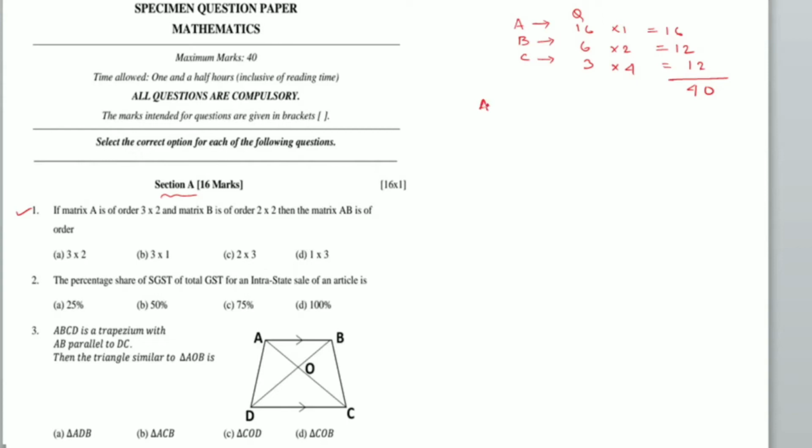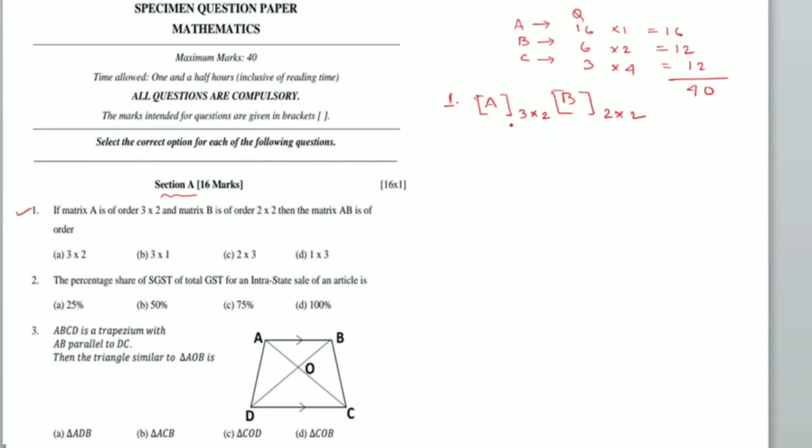Matrix A is of order 3 cross 2. Here matrix A is of order 3 cross 2 and matrix B is of order 2 cross 2.